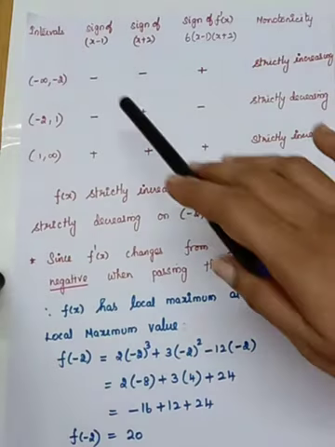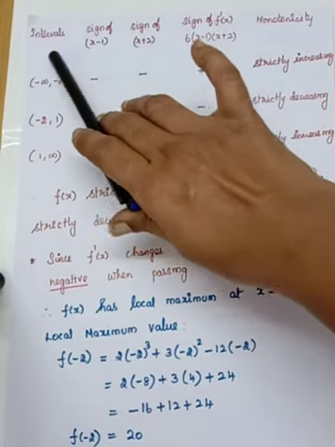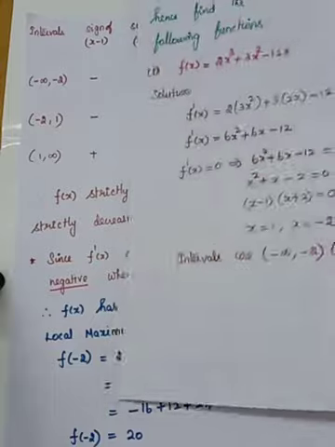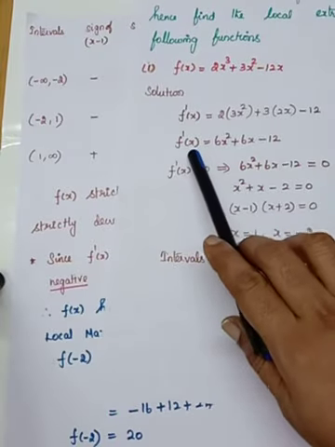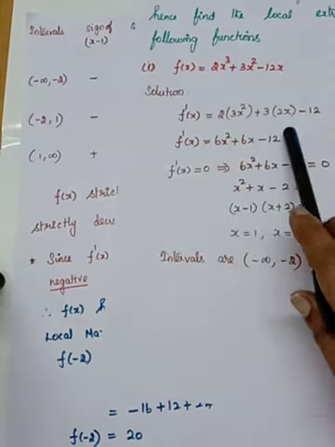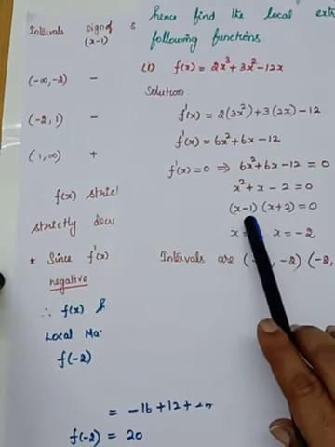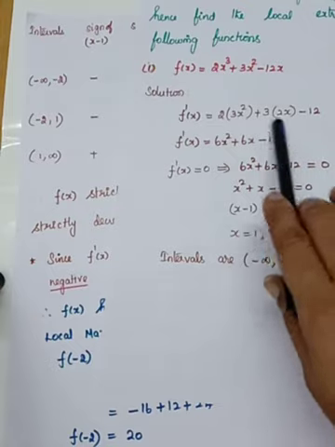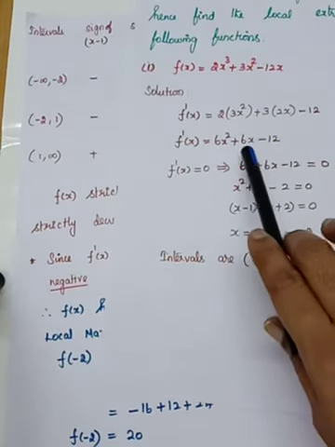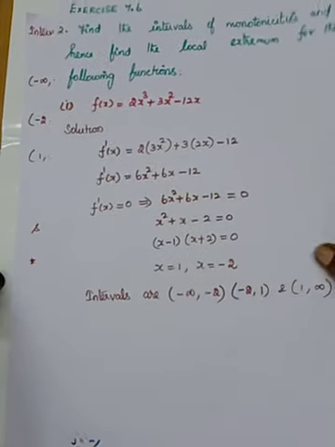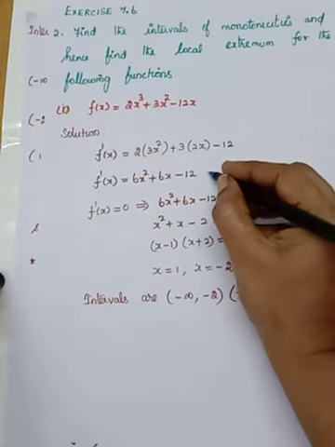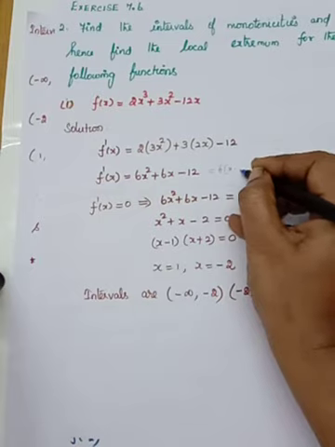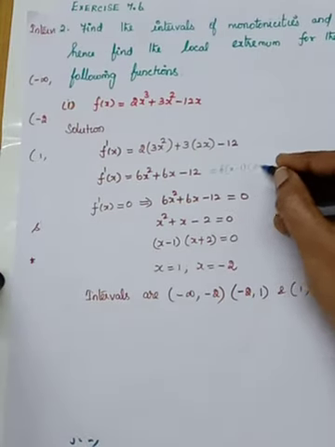So here you have to write the intervals, then the sign of x minus 1. Why do we have to write x minus 1? Because f dash of x has to be considered. This can be factorized, and you are getting x minus 1, x plus 2, into 6 because 6 is common. So f dash of x can be written as 6 into x minus 1 into x plus 2.